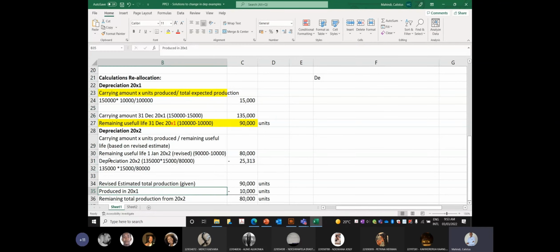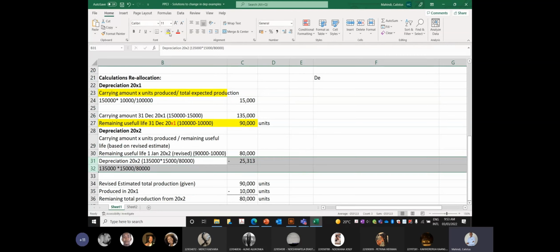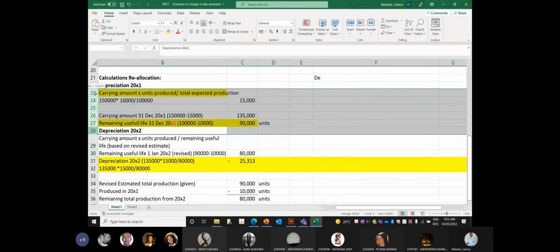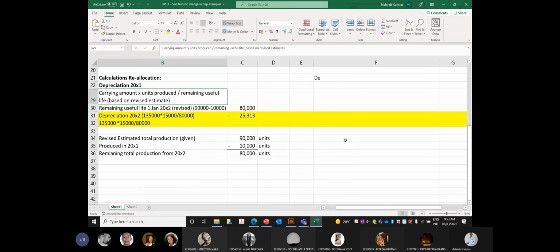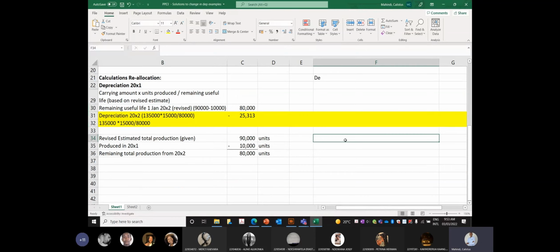So this is it, the depreciation for 20X2. 135,000 times 15,000 divided by 80,000, we arrive at an amount of 25,313.